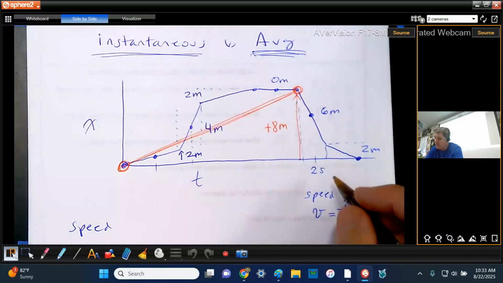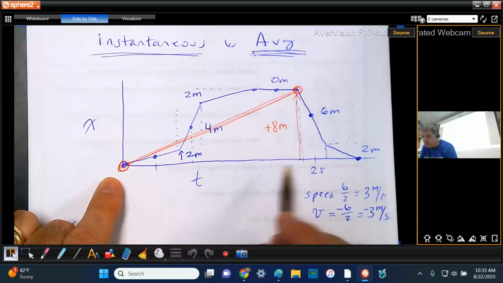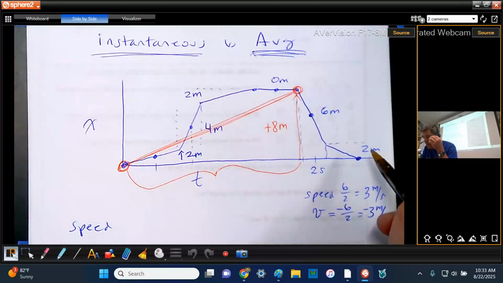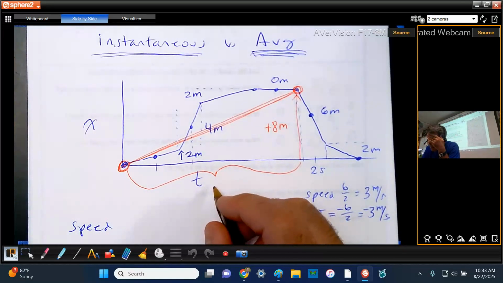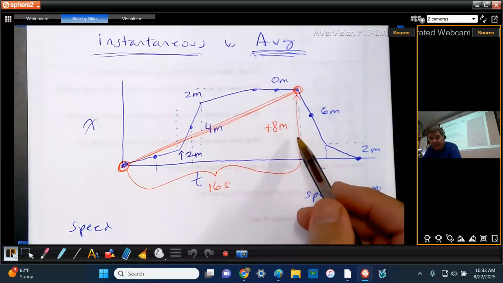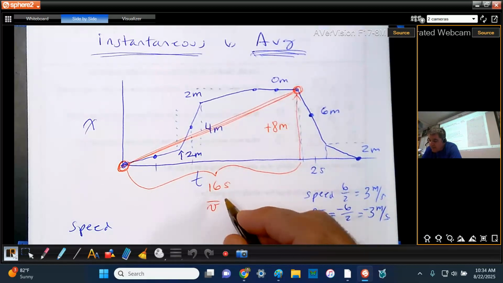And maybe this whole thing would be like 12 seconds. Let's choose an easy one. Let's say it's 16 seconds, because 8 over 16 is easier. So my average velocity would be the same as my average speed.